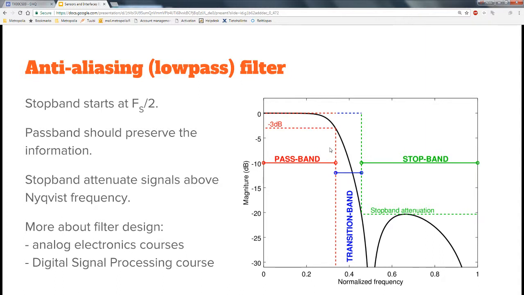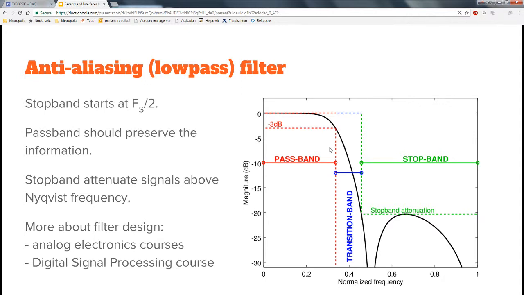What is enough? It's enough when it doesn't show up anymore, meaning below the least significant bit level on the A to D. This is how it should be done. Unfortunately, you cannot do it every time like that. So basically you need to go below the Nyquist frequency. Nyquist frequency was the Fs over 2.